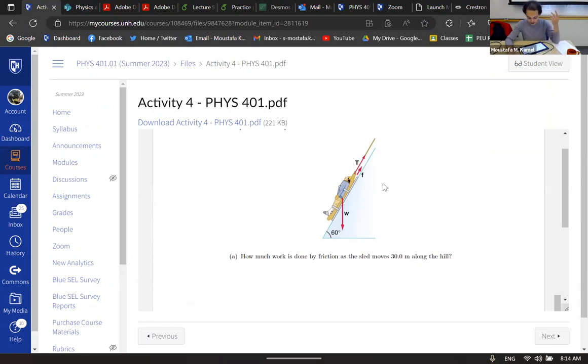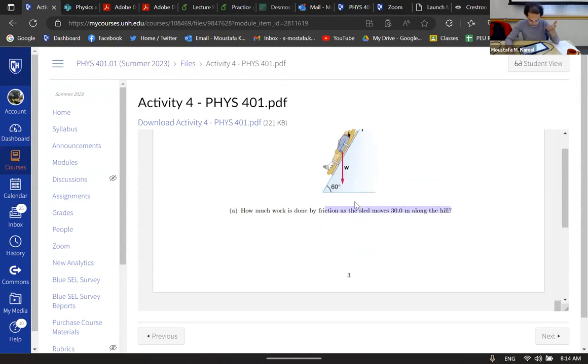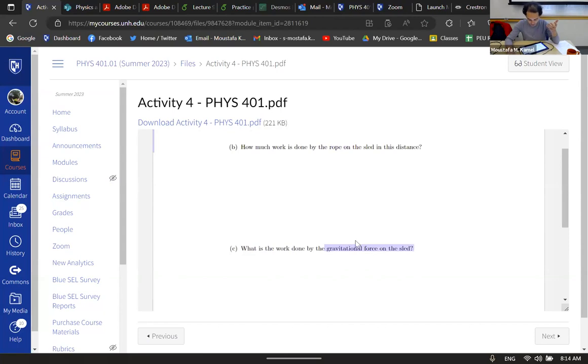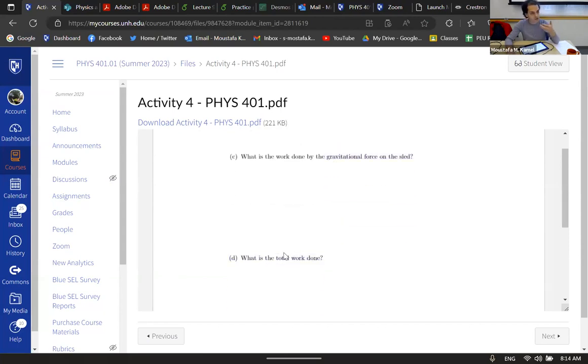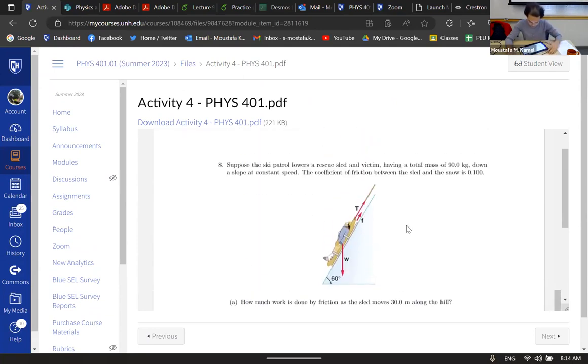And the question asks how much work is done by all the forces, by friction, and then by the rope, and then by the gravitational force. And then what's the total work done, which is basically the sum of all previous three. So let's do that.